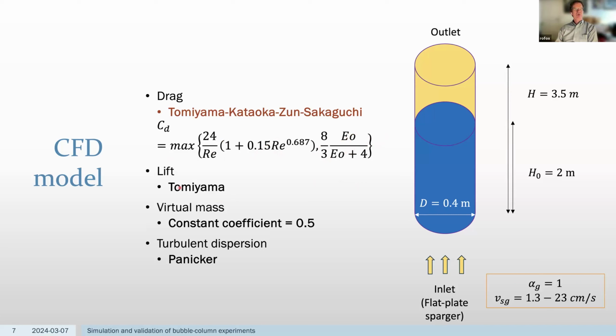We're using a lift model of Tomiyama for the bubbles, again, spherical bubbles, and then we need virtual mass, constant coefficient. And to be sure that the system is hyperbolic, we need a turbulent dispersion term or some other term. And so we're using the model that we developed for turbulent dispersion. Not really a turbulent dispersion, it's a term that depends on the volume fraction gradient. But it's called turbulent dispersion in the literature.